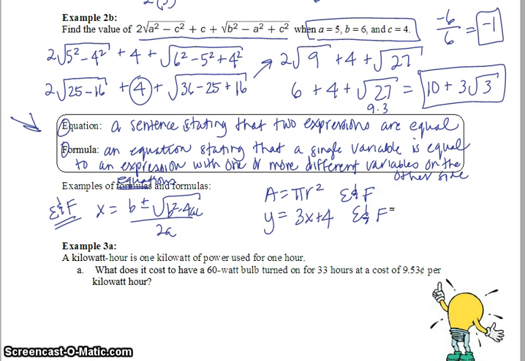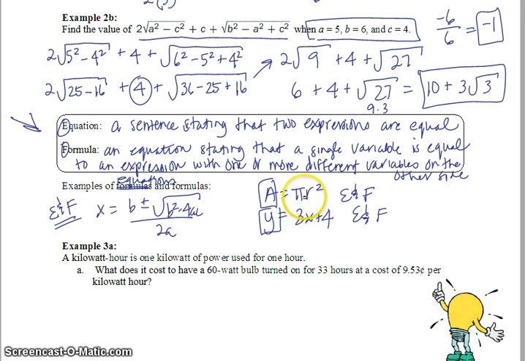All those examples show that it's a sentence that has two expressions that are equal. The a equals something on the other side, like pi r squared. The y equals 3x plus 4. They're also formulas because you have a single variable on one side that's equal to an expression on the other side that has one or more different variables.